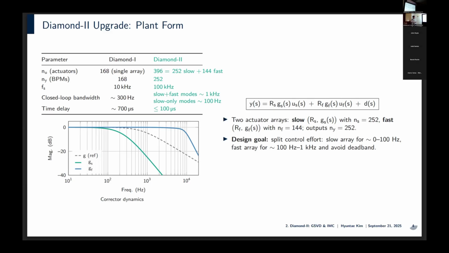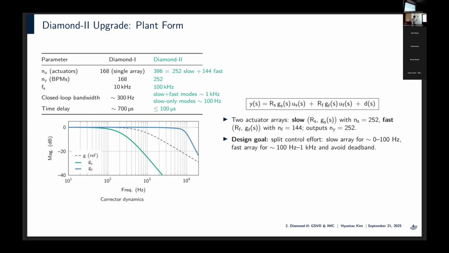We also increased the BPMs from 168 to 252. The sampling rate is now 100 kilohertz, and the closed loop bandwidth with both slow plus fast modes will be handled up to 1 kilohertz, and slow-only modes deal with just up to 100 hertz. The time delay is also decreased to 100 microseconds.